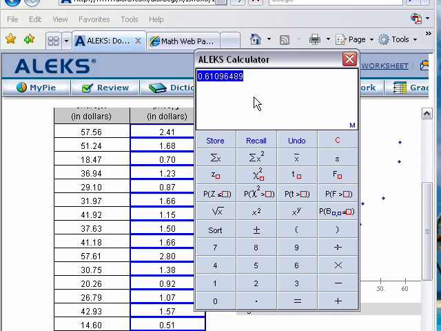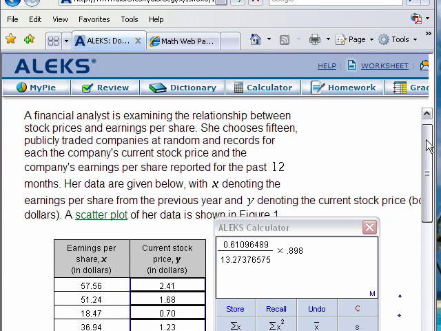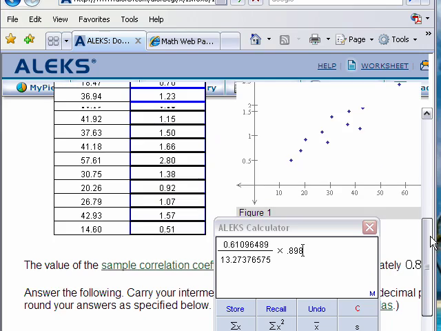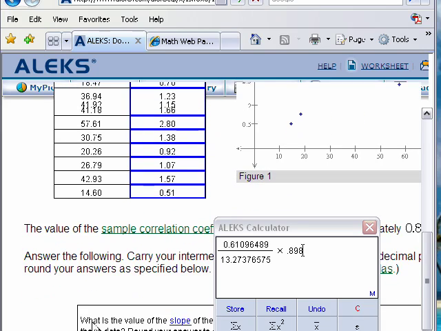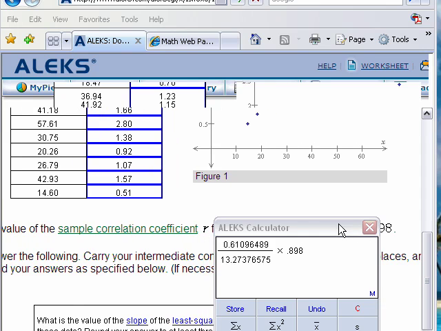So that's S sub Y divided by S sub X, which is what we did first, times B1, and that was 0.898. And let me just double check to make sure that I got that correct R value. Yes, of 0.898.